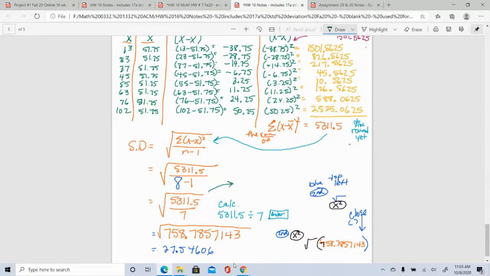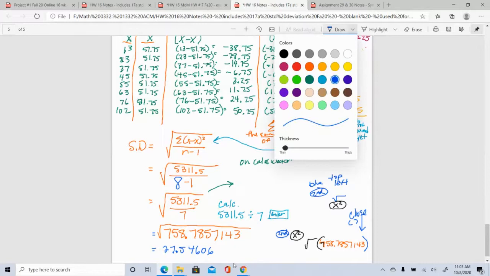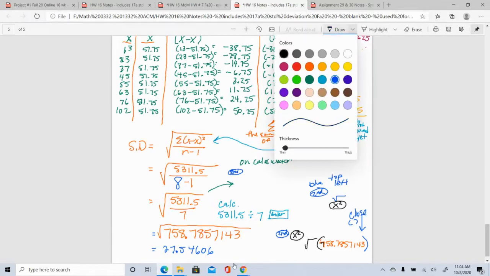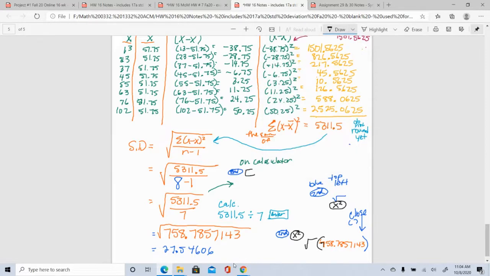So what I could do, let's see, on calculator, I could do the square root. So how did we get to the square root again? The second blue button at the top left. And then if I hit the x squared button, what you're going to see is, let me clear this and do it.